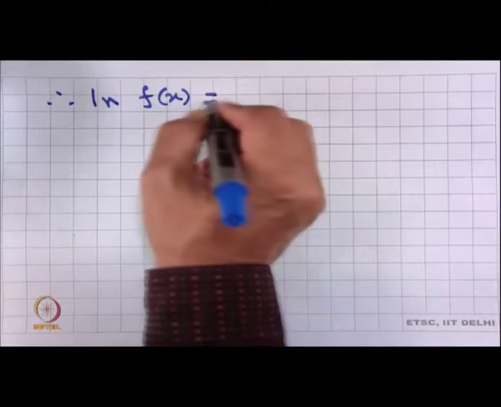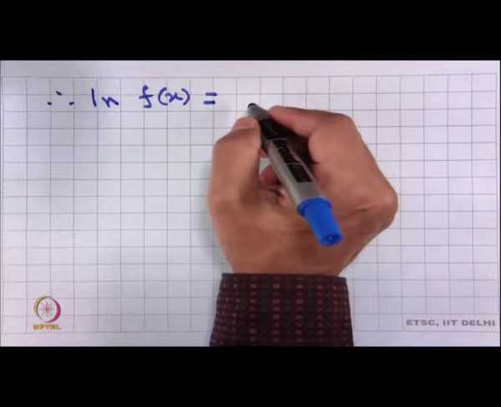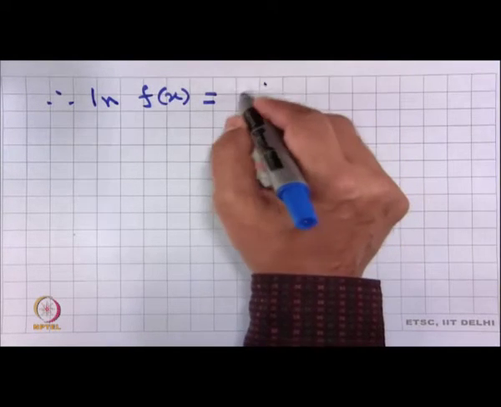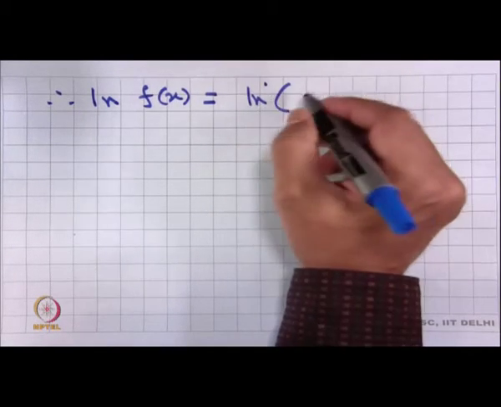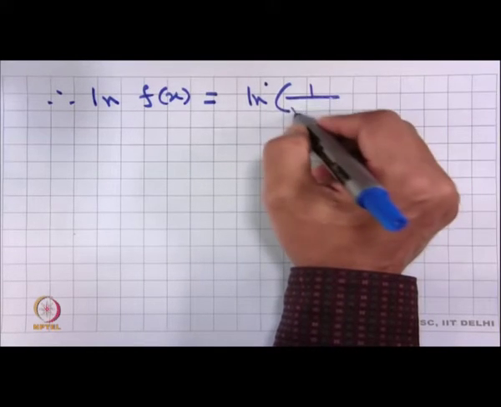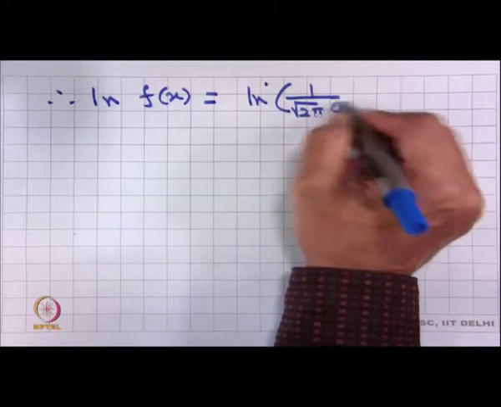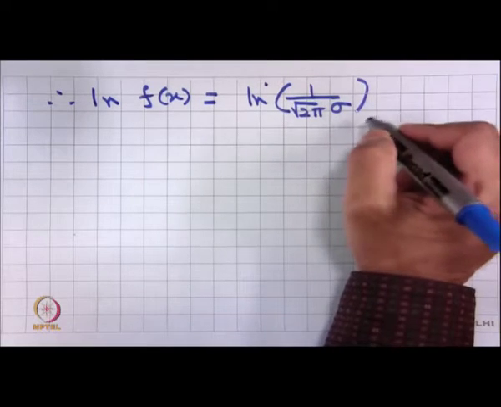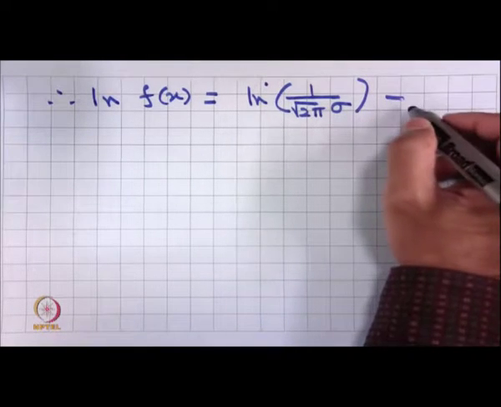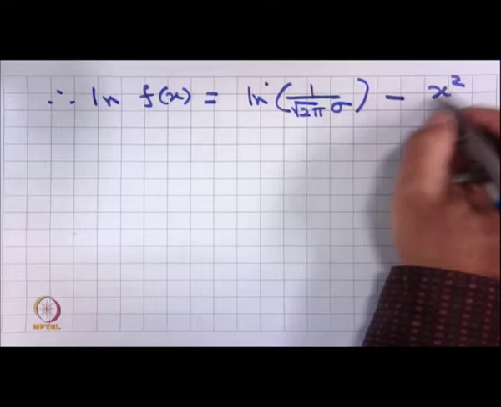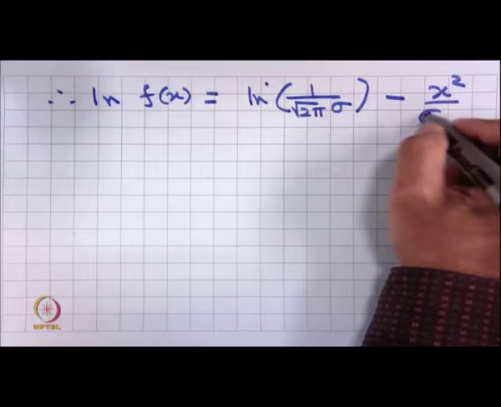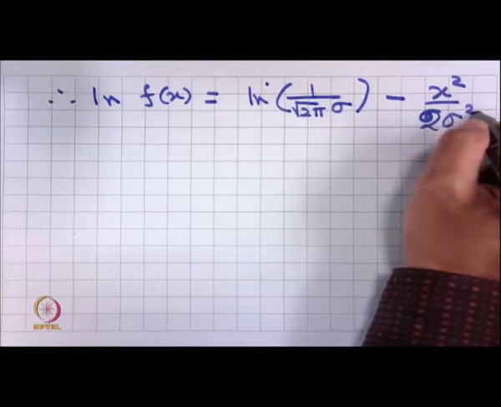Therefore, log of f x is equal to log of 1 upon root over 2 pi sigma minus x square upon 2 sigma square.